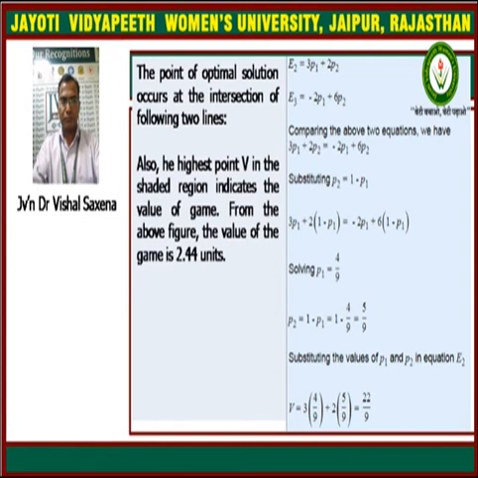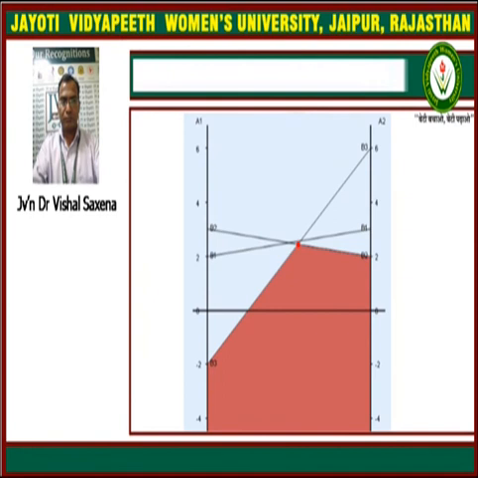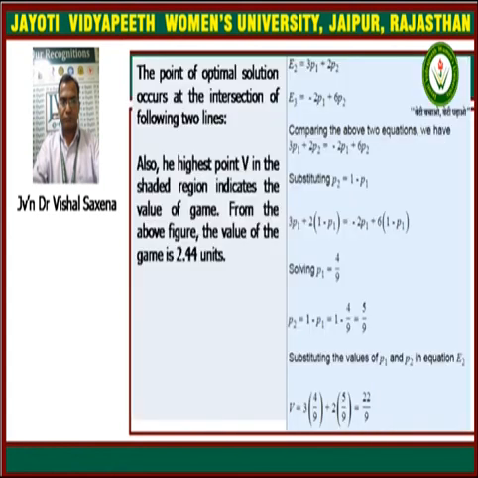This is the highest point V in the shaded portion, for 2.44 units, and that is the value of the game. It can also be determined by the intersection of the following two lines. The point of optimal solution occurs at the intersection of the following two lines.